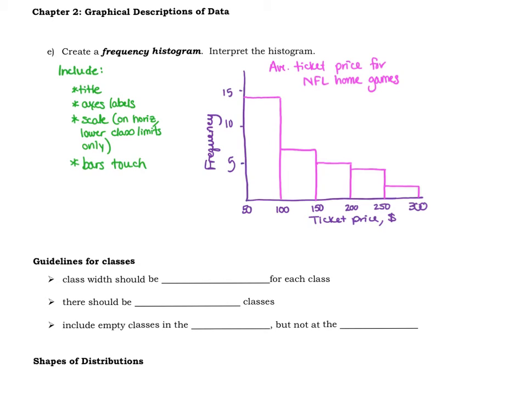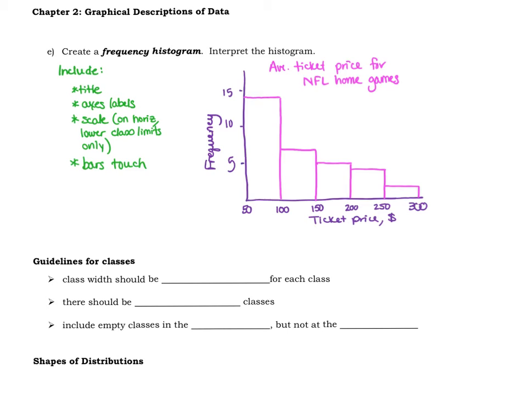Okay, and it should be something semi-descriptive. It doesn't have to be a long, drawn-out sentence, but you can't just say ticket prices because you don't know what they're for. You can't just say NFL. What about the NFL? Okay, and somehow get in that average ticket price, average would be important as well. Okay, so there's an example of a histogram.